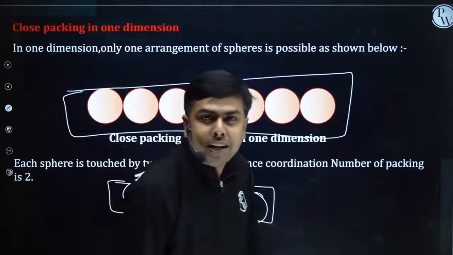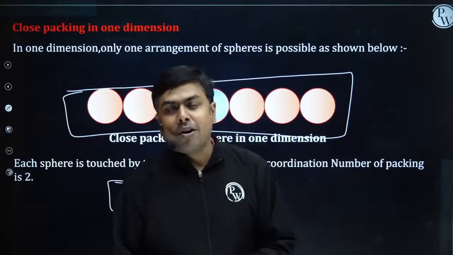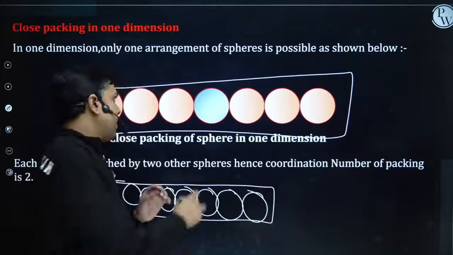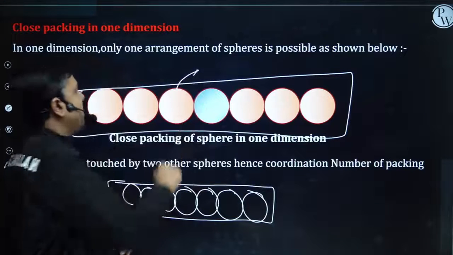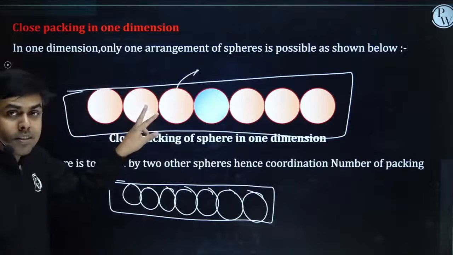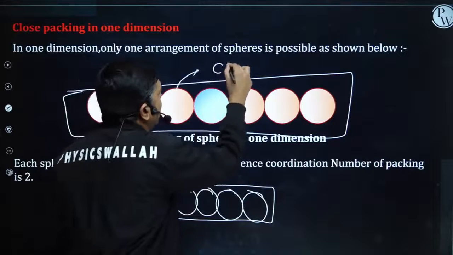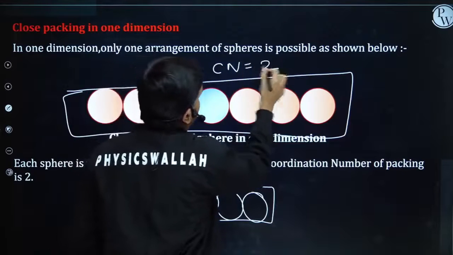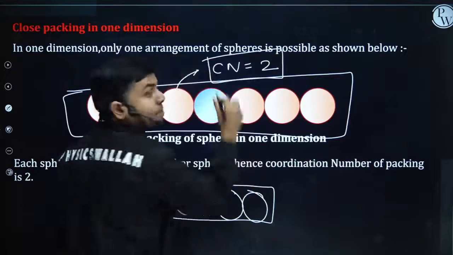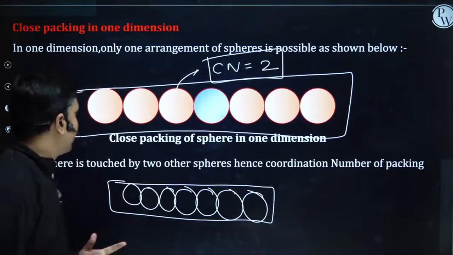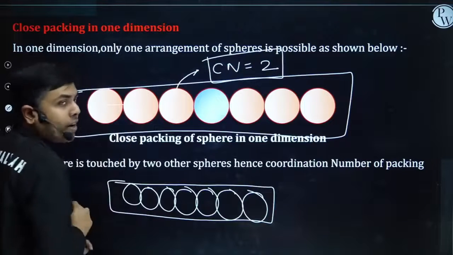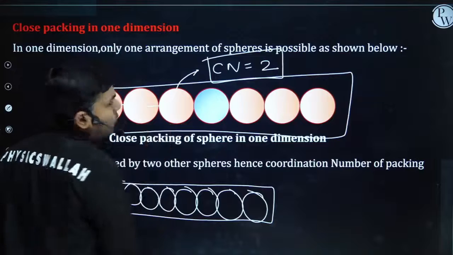Students, if I talk about the coordination number of one atom here, let's focus on this particular atom. It's touching how many atoms? It's touching 2 atoms. So the coordination number equals 2. If I talk about the unit cell, join 2 atoms, what are you getting? A line.